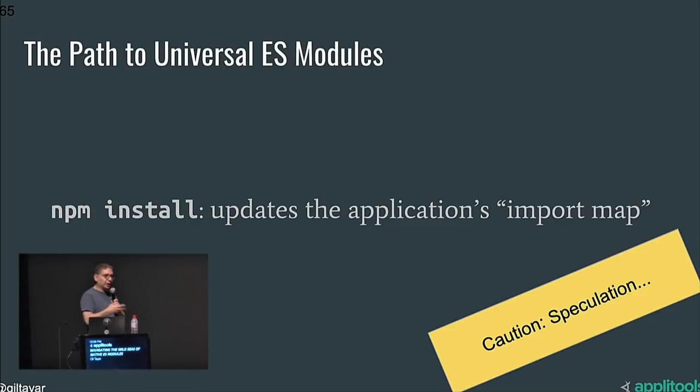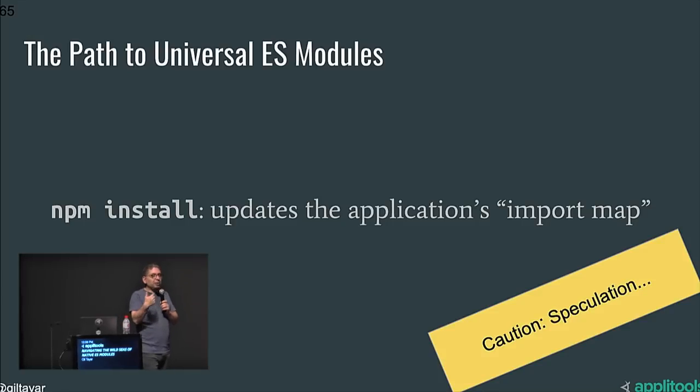And how will it work in Node? The idea for browsers is, once you npm install or yarn add your module, that npm install or yarn add will modify an import map in the root of your package. It will modify the import map so that browsers, if you script source to that import map, will know exactly where things are.